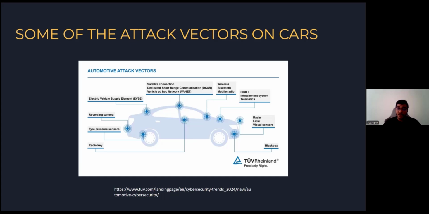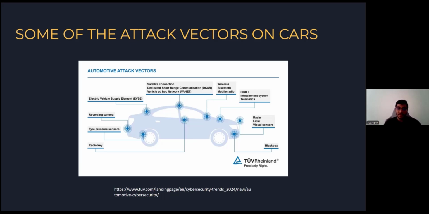You have tire pressure sensors as well that keep sending information to your vehicle about the tire pressure, so that you don't get into accidents, things like that, which is important. And that's also something that can be played with.